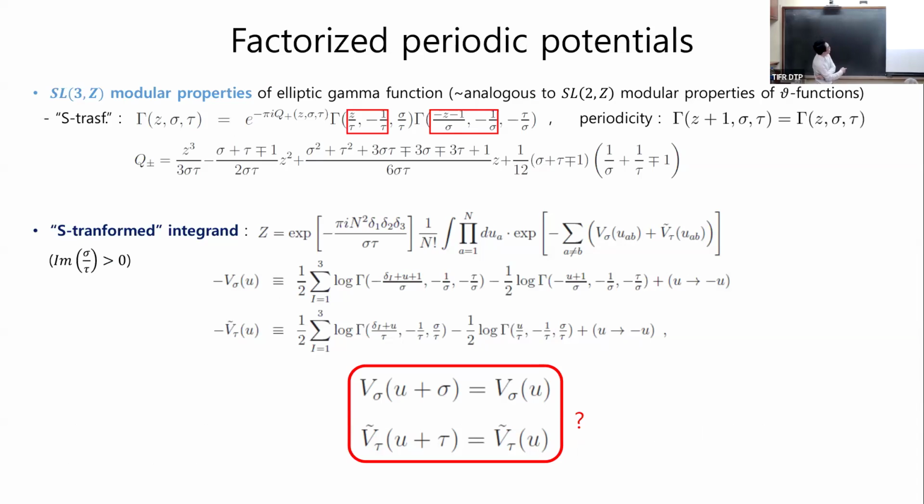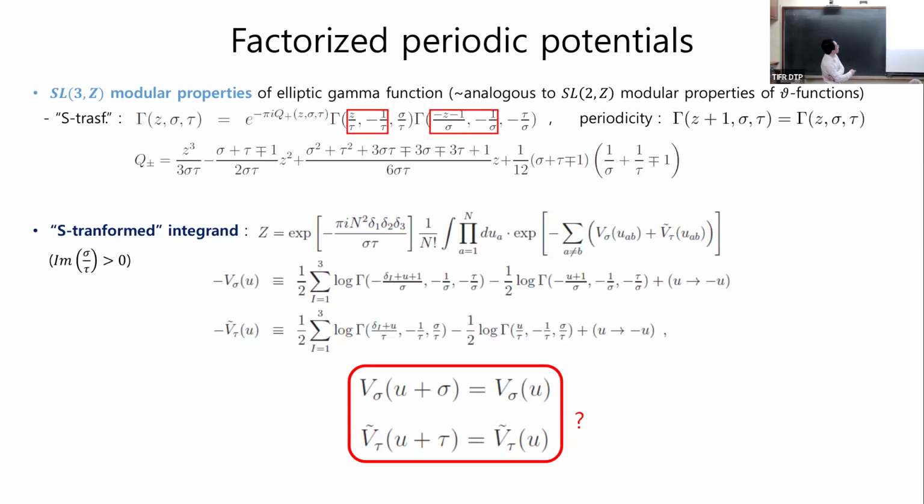And so if you transform this gamma function, you'll have 2 factors of gamma. On top of that, you have this anomalous factor, just like the 2D Jacobi theta function, and you can see it's quite similar to the 2D case. You have 1 over tau and 1 over sigma.